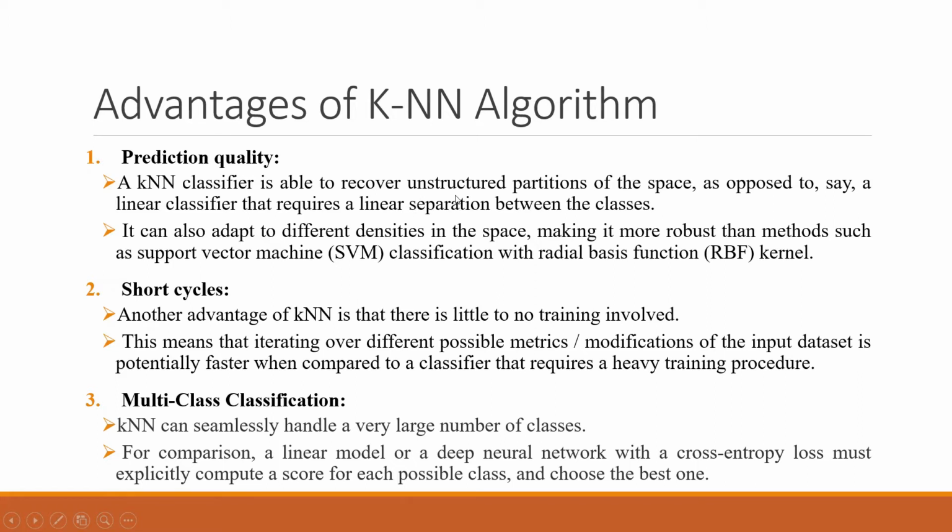When we say it is an outlier or anything, we have different issues for different algorithms. But for KNN, it is able to recover the unstructured partitions. So whenever there is no structure, KNN is also very helpful.